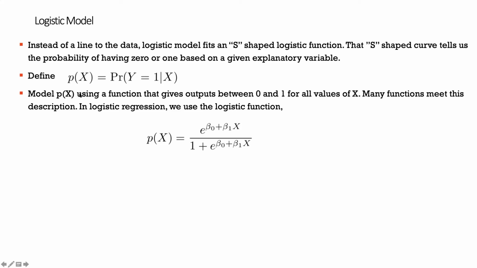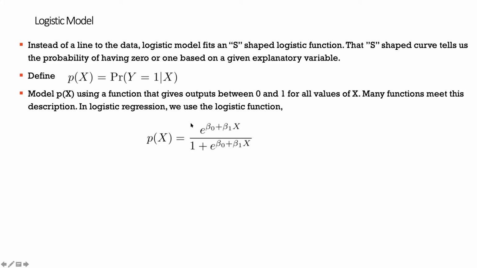In logistic regression, using a logistic function is the main rule here. This is the definition of the logistic function for a single predictor. We can define our probability p(x) as e to the beta 0 plus beta 1 x over 1 plus e to the beta 0 plus beta 1 x.